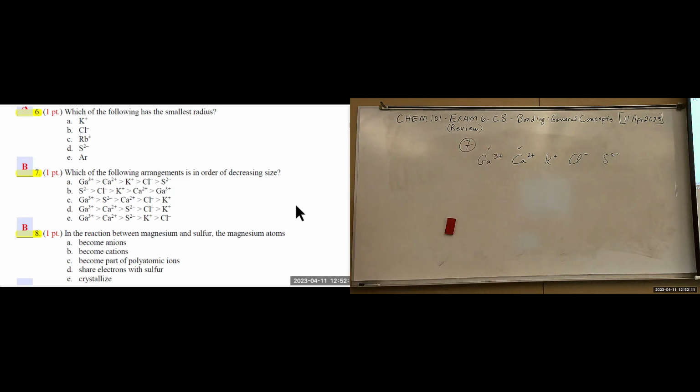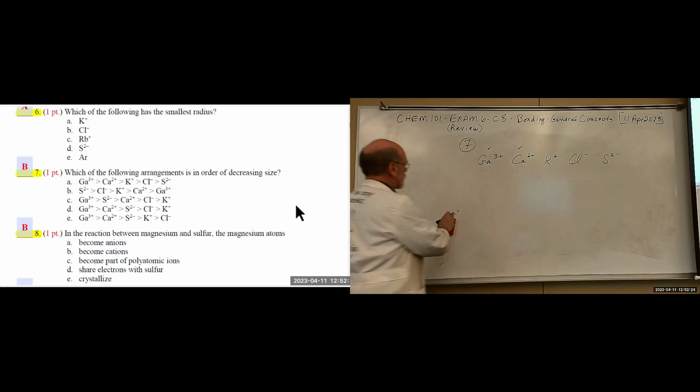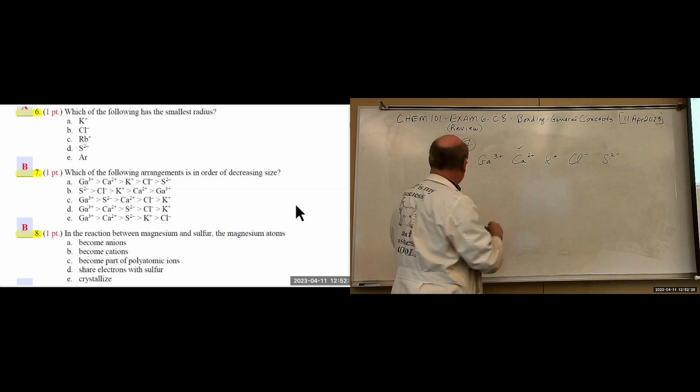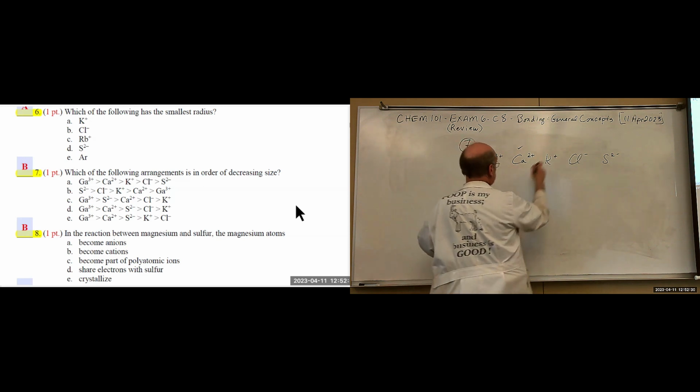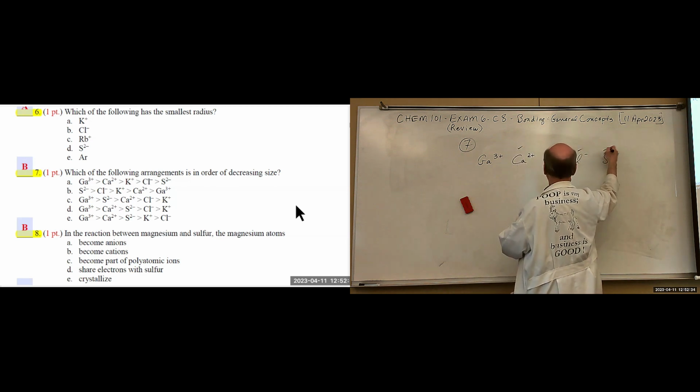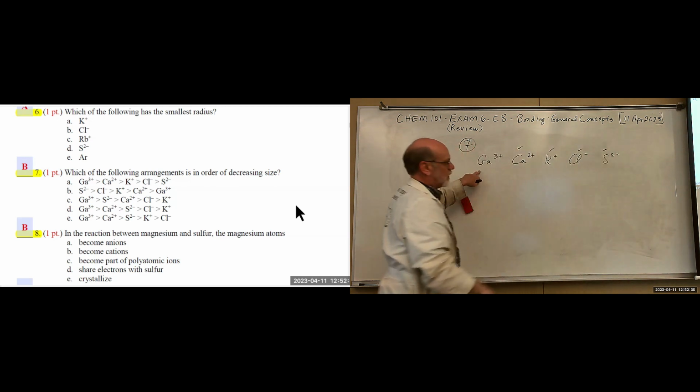The reason gallium 3+ isn't isoelectronic with argon is that it's got d electrons, which argon doesn't have. So these are not isoelectronic. I'm sorry, the charge would indicate it, but they're not. These two are isoelectronic. Chlorine is isoelectronic with that, and sulfur. So gallium's the outlier.